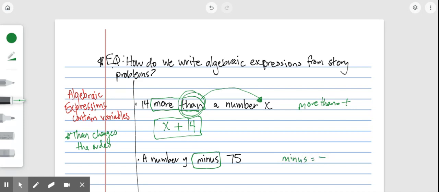Okay, so we're going to put subtraction. And this expression does not have the word than or the word from. So the order stays the same. So I start with y and I subtract 75. Okay. An incorrect answer would have 75 first. This is going to stay in the exact same order it was written. The only time you change the order is when you have the word than.